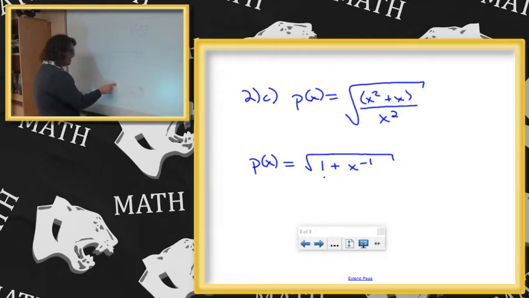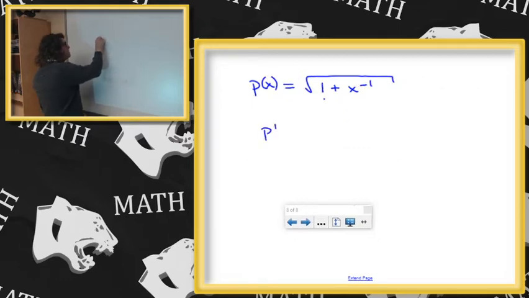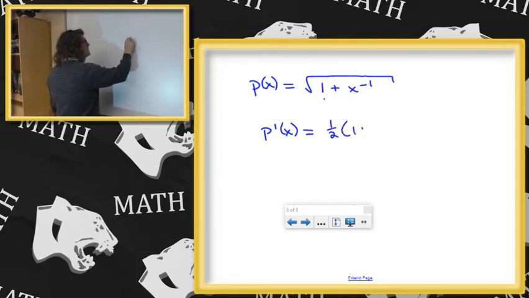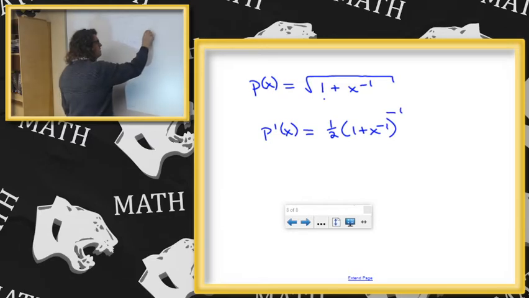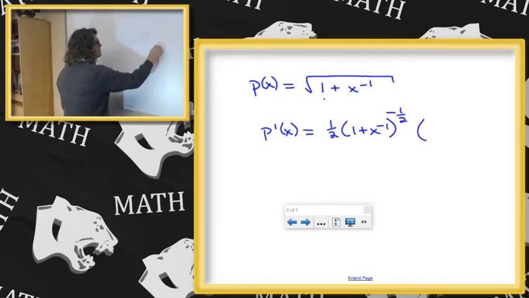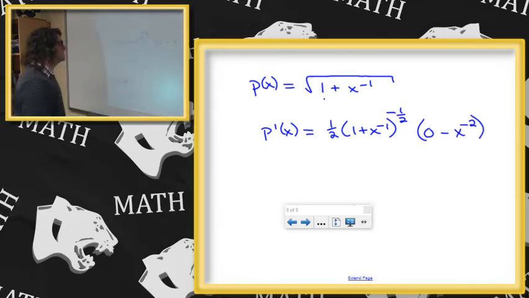So let's go ahead and try this one out. So the derivative is equal to 1/2, leave the inside alone, now to the power of -1/2, times the derivative of the inside, which is going to be, I'm going to write it as 0, plus, but it's minus because the -1 comes down, x now to the power of -2 because we subtract 1 from the exponent.